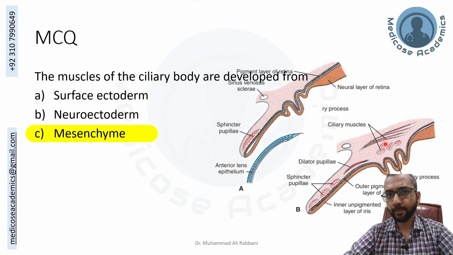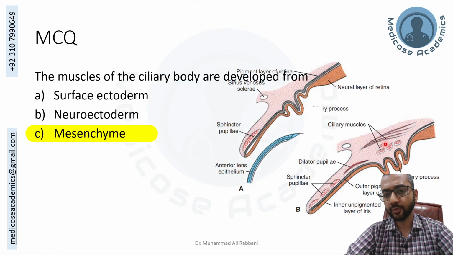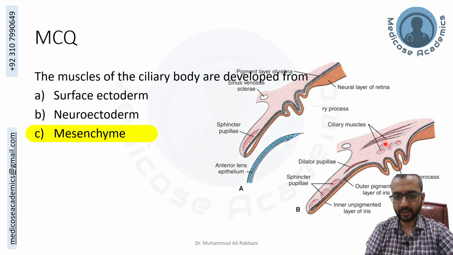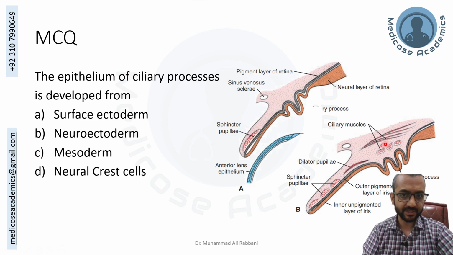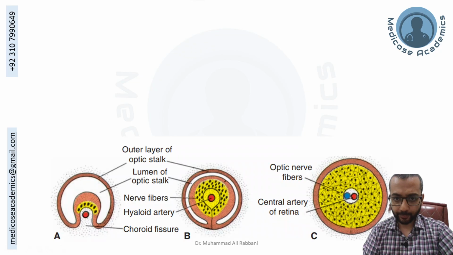You will have conflicting statements from different books. Some books will say mesoderm and some books will say neural crest cells. So mesenchyme is a safe answer to give, as those are working together to give rise to these muscles. The epithelium of the ciliary processes is developed from, again, neuroectoderm, because it is a part of the optic cup. Optic nerve, where does that come from?